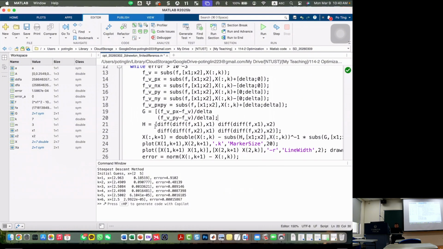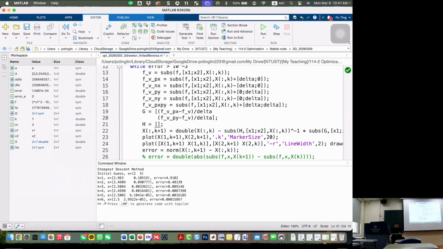How about the Hessian? Here, divided by delta squared. So I will have positive x minus 2 times the current one plus the negative one. So that will be my first term.